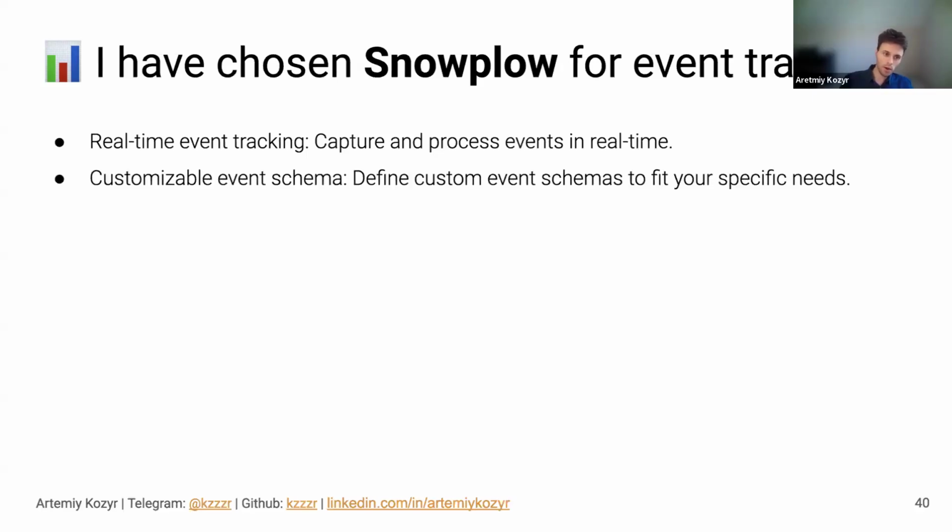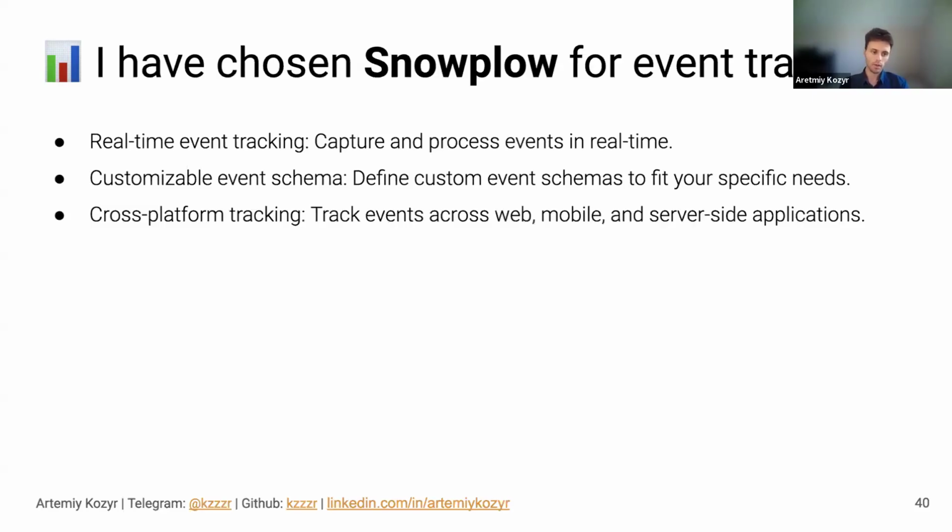Number two is a customizable event schema, because sometimes you would need to provide your custom taxonomy for your events, not just get something out of the box, but do something more complicated, some arbitrary event tracking. Then it's cross-platform.